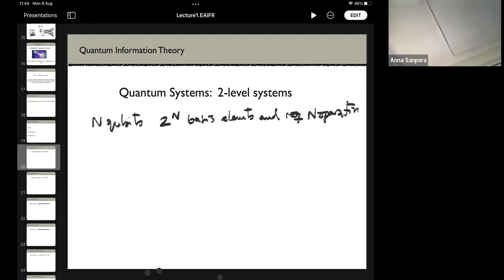And one system with 2 to the n basis elements, or levels, let's put it like that, requires 2 to the n operations.